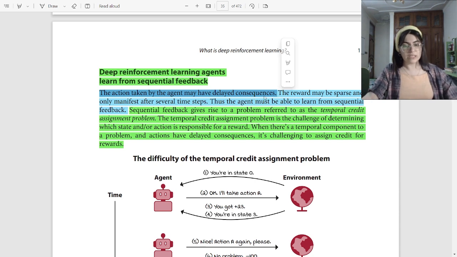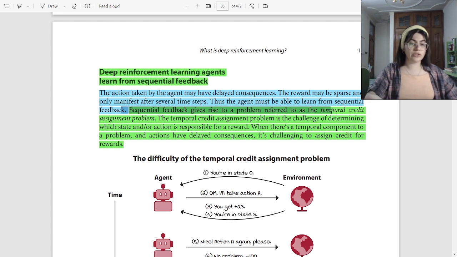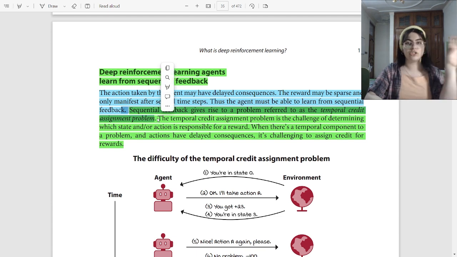Anyway, let's read. The reward may be sparse and only manifest after several time steps. Thus, the agent must be able to learn from sequential feedback. Sequential feedback gives rise to a problem referred to as the temporal credit assignment problem. That's the same with chess, for example.